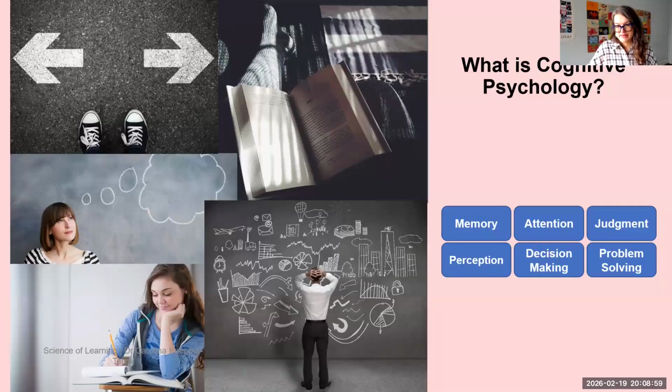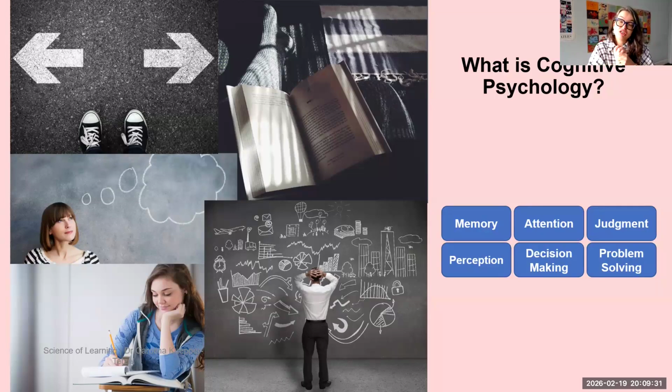So my area of expertise is cognitive psychology, and that is specifically an area in psychology that investigates our memory. It investigates our attention. What do we pay attention to? When do we lose attention? When do we lose focus? How we make judgments, specifically in learning, for example, how we make judgments about our own learning, right? So when do students decide that I'm done learning, I'm done studying, right?